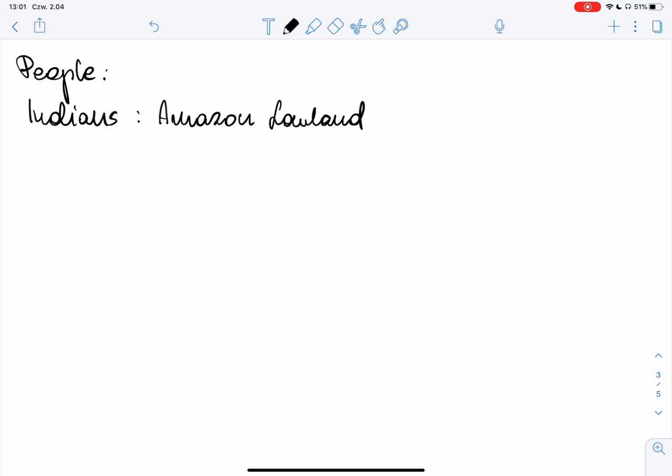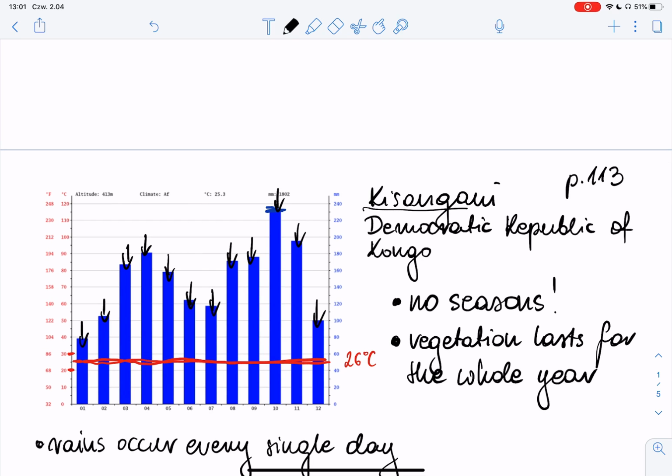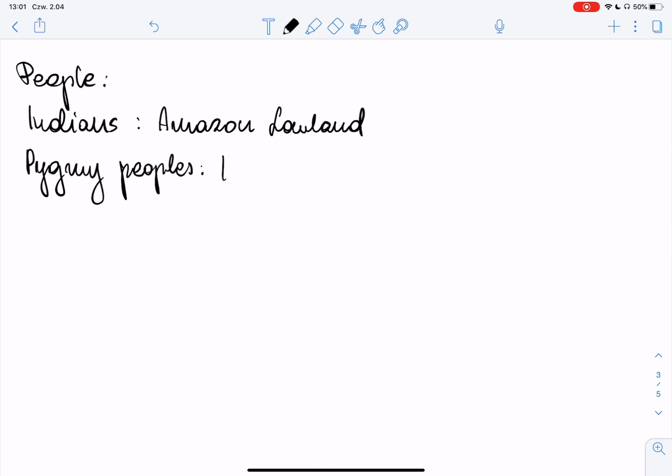And also Pygmy people that live in Congo Basin. So this is the area where this climatogram was taken from.